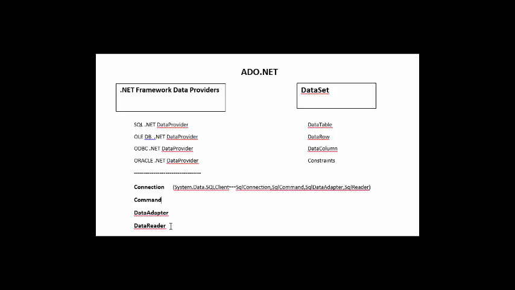The DataAdapter uses Command objects to execute SQL statements at the data source to both load the DataSet with data and reconcile changes that were made to the data in the DataSet back to the data source.